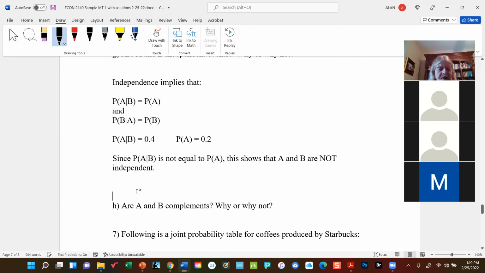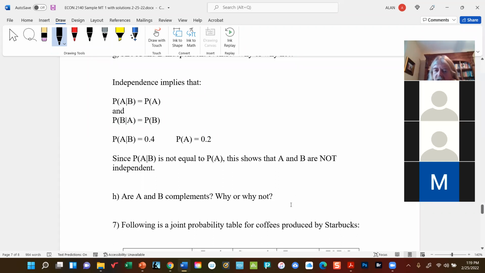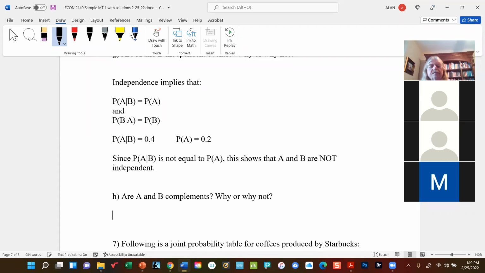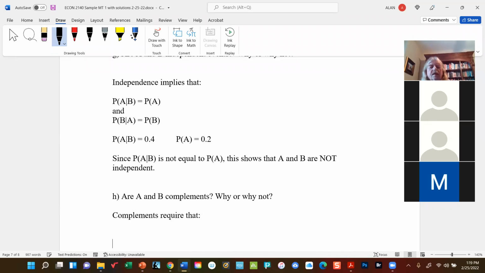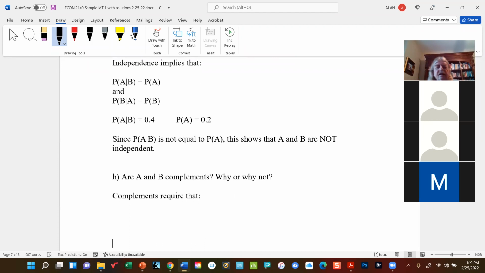All right, beautiful. And then again with the complements, we require that the probability of A intersect B is 0. And their union is 1.